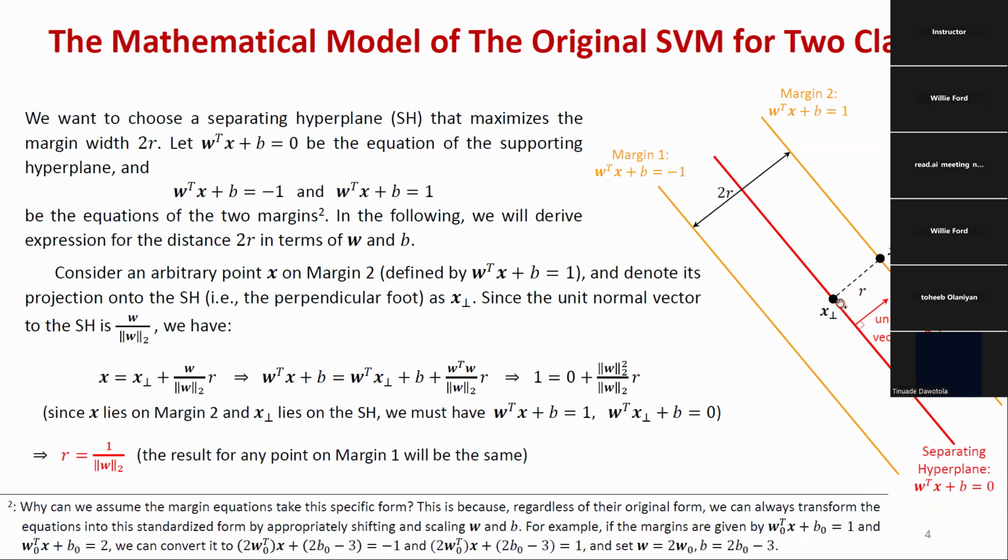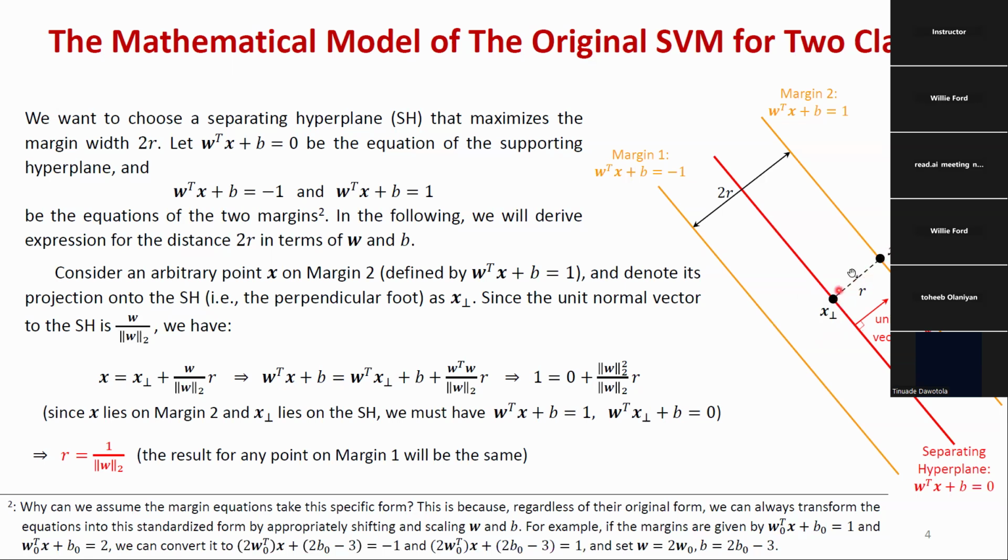First of all, we just randomly take an x in margin 2. The same thing if you do it in margin 1; you can derive it after class. I guarantee you the result is exactly the same. So here's x. Then I denote its projection onto this separating hyperplane as x_per, x perpendicular.